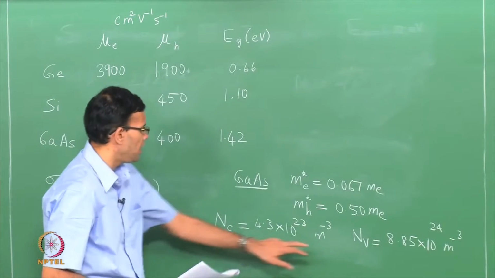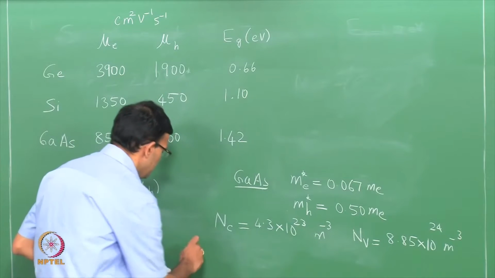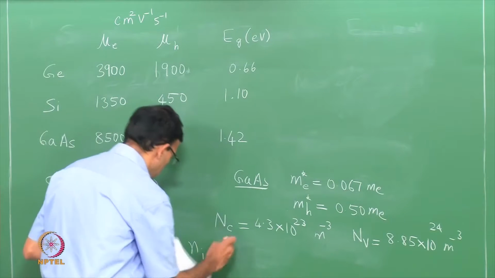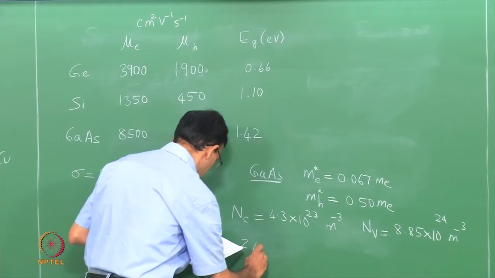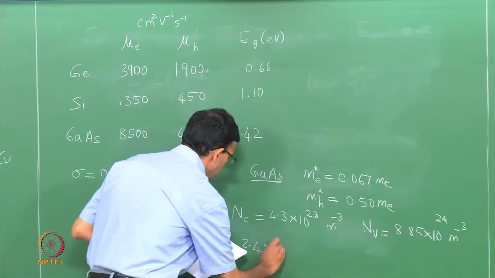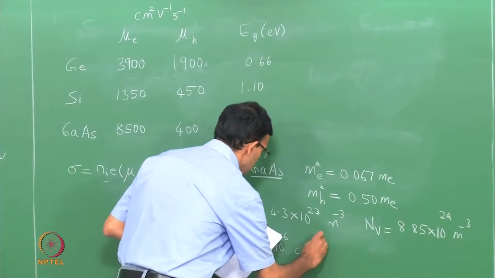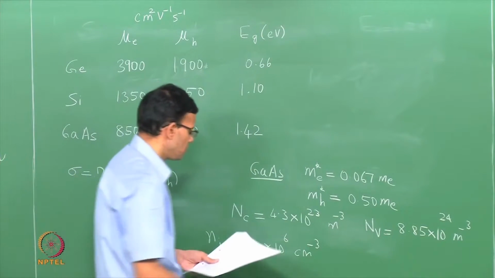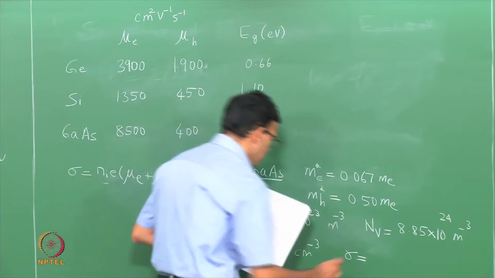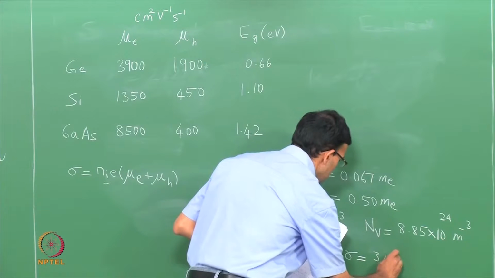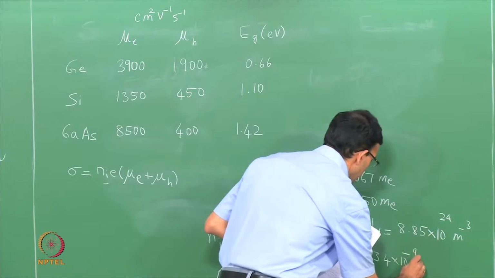From Nc, Nv and the band gap, which is 1.42, we can calculate the intrinsic carrier concentration is 2.4 times 10 to the 6 per centimeter cube. Correspondingly, the conductivity is lower, which is 3.4 times 10 to the minus 9.